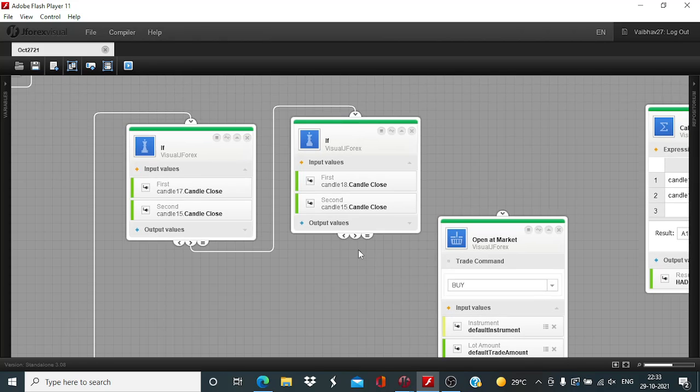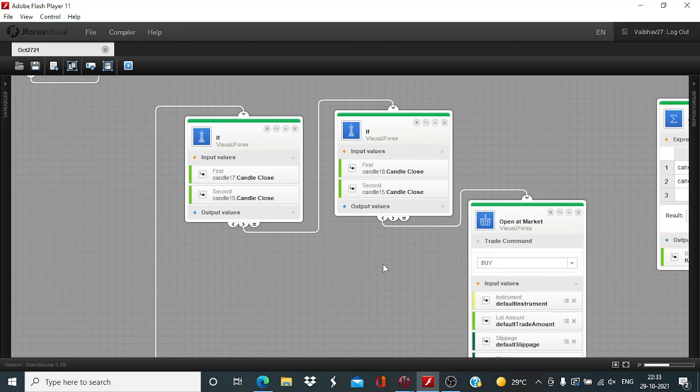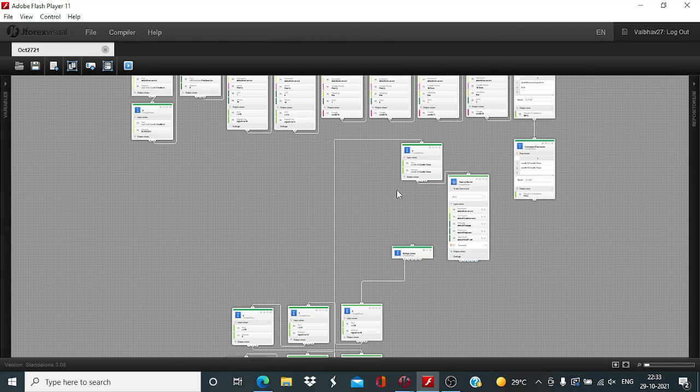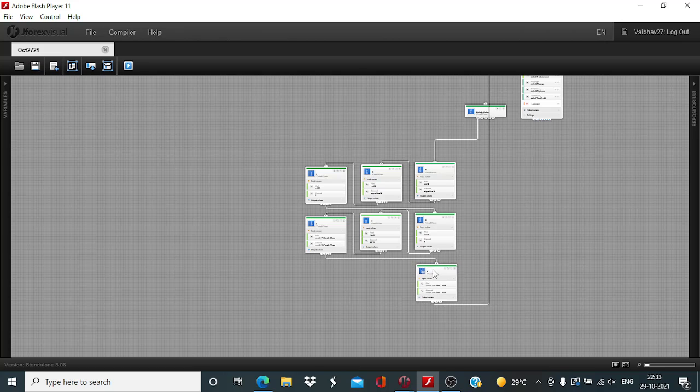This is kind of simple. We need only this first input to have been less than second input, and I will place these blocks on the lower side, and afterwards we define the input parameters for the trade command block.